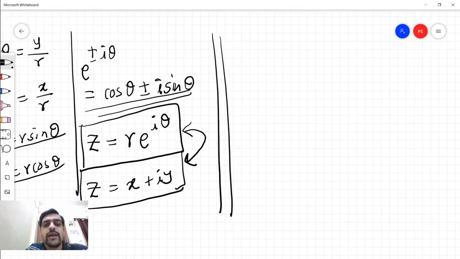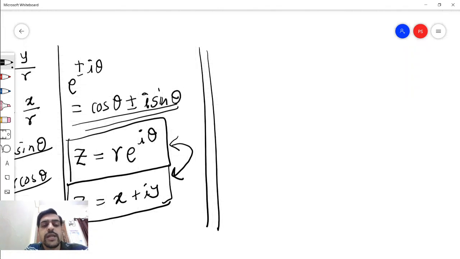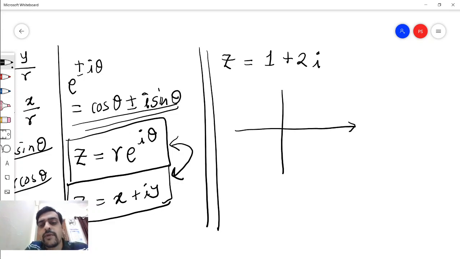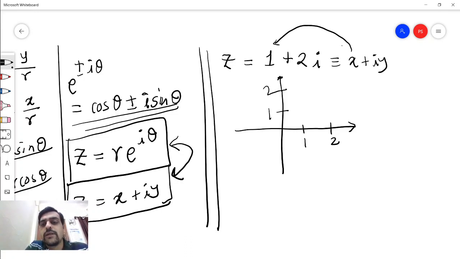We will discuss a case in order to understand these two notations. So for an example, consider this situation: z equals 1 plus 2i. Now if we plan to represent this number on a graph, compare this with x plus iy, we see that x is 1 and y is 2.